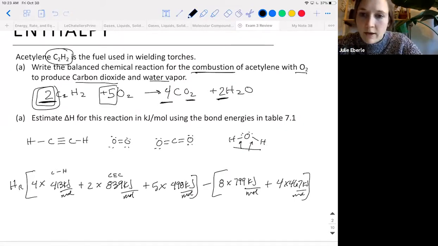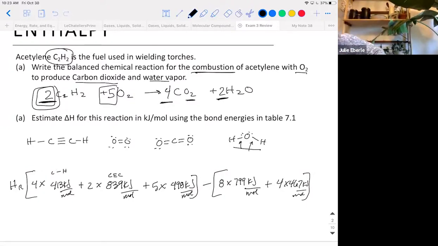Somebody want to throw all that in the calculator for us while I put a passy? You want one of these? Anybody, just type it in or shout it out when you get it. It's a lot to add up.